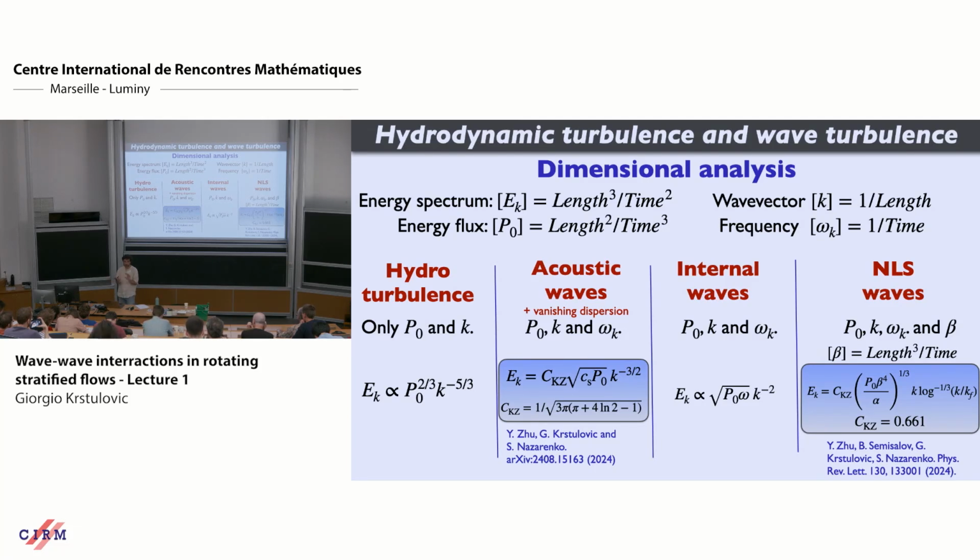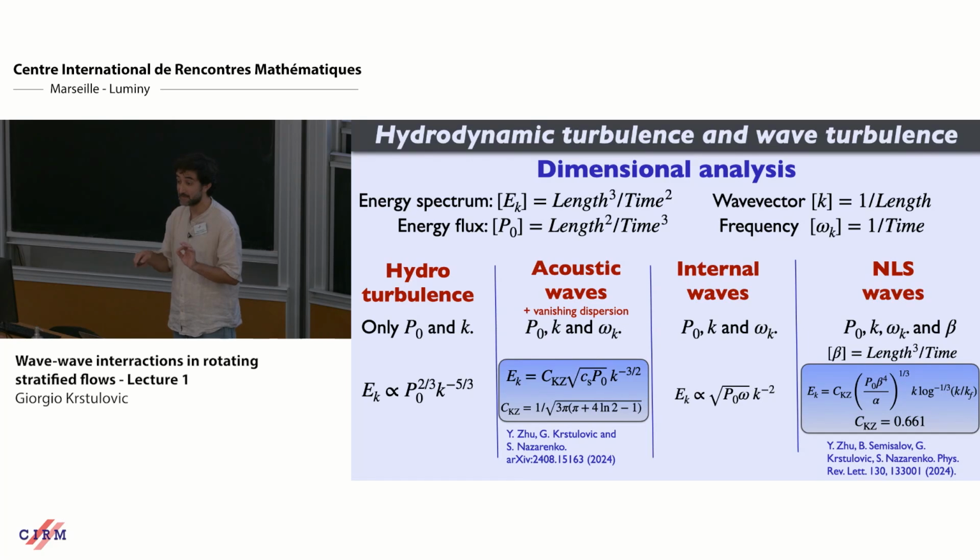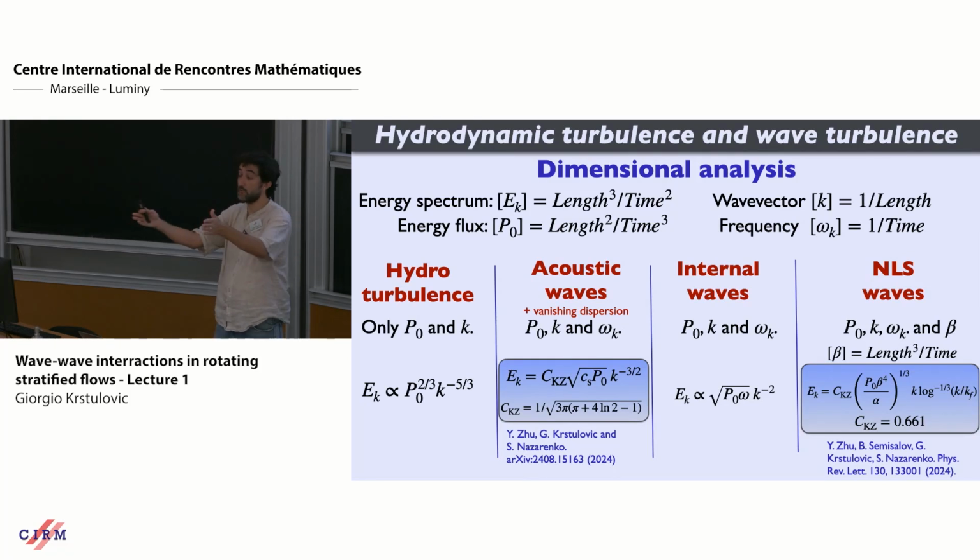I am reducing today's and tomorrow's talks to systems where I will mainly focus on the energy cascade, not more things. What does it mean, energy cascade? It is a direct cascade. The flux of energy is constant along scales. So I inject at small k, and it goes down to high k, and I dissipate in some manner, and I'm looking in the middle as usual in turbulence.